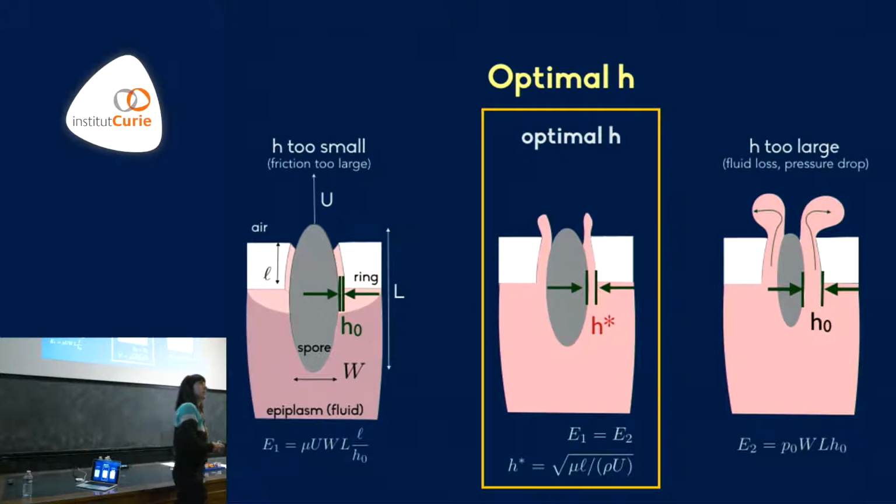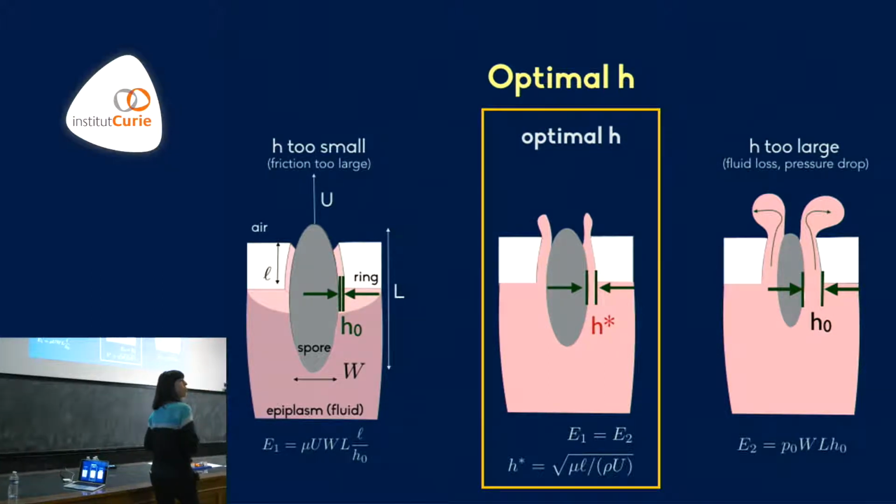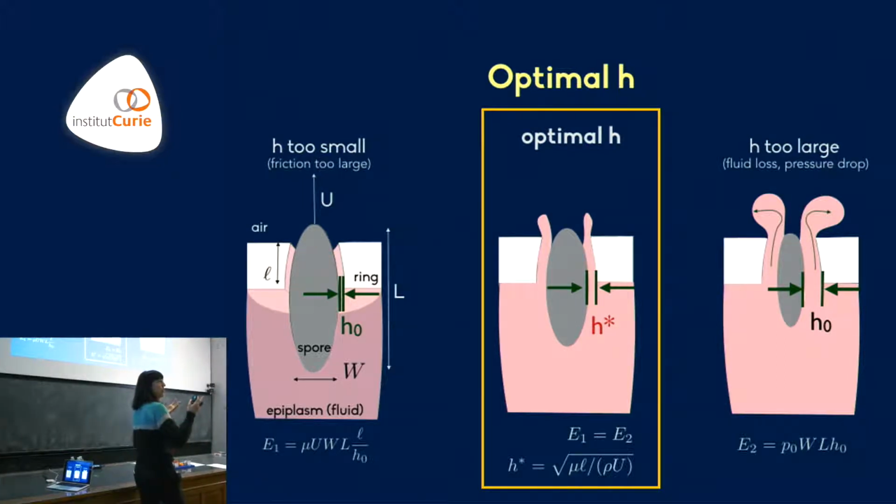What is uppercase L again? L is the length of the spore. And it goes away because it doesn't matter. It's a little unintuitive, but if you have a longer spore, you have more dissipation, but it doesn't impact the optimal thickness because both energy losses are proportional to L.